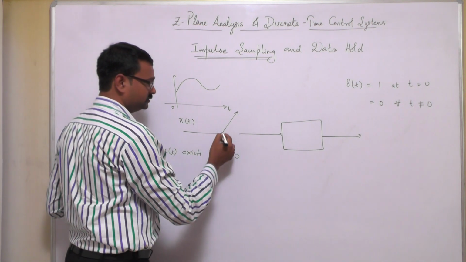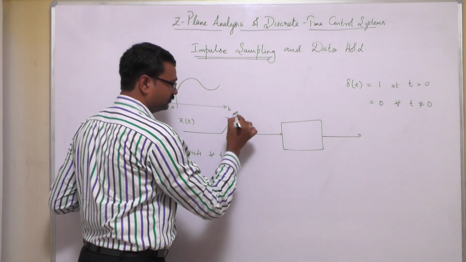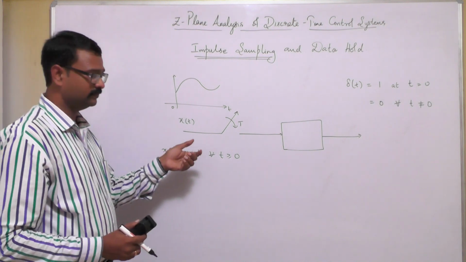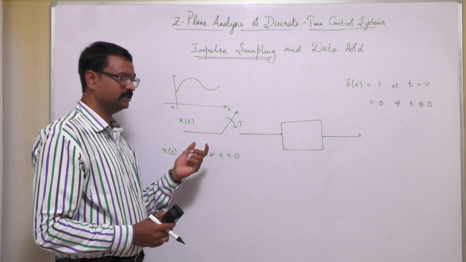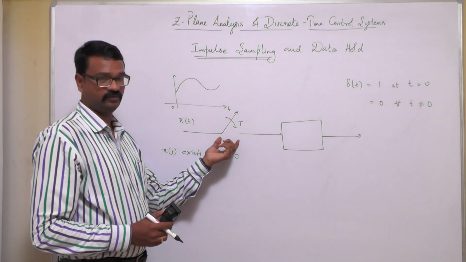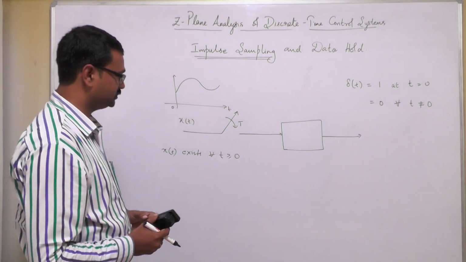And this signal is already understood by us. We have this as a sampler, which is a rotating switch, which may not exist in the real world, but we are using this type of function for mathematical representation.